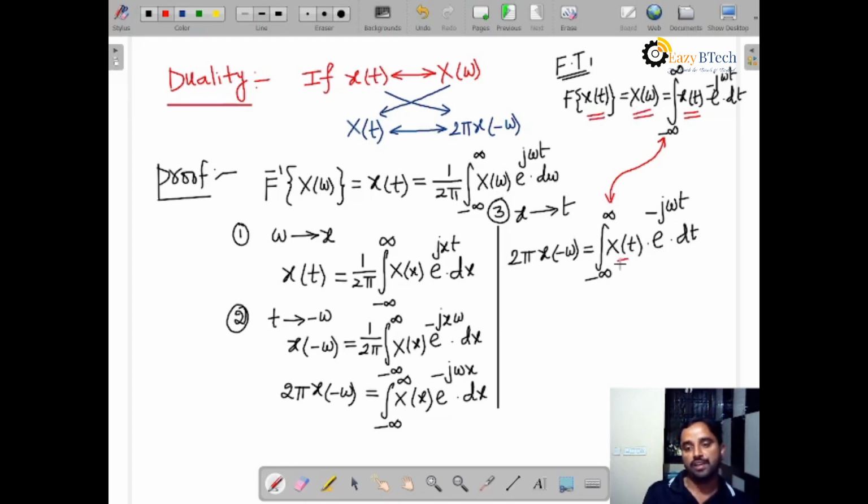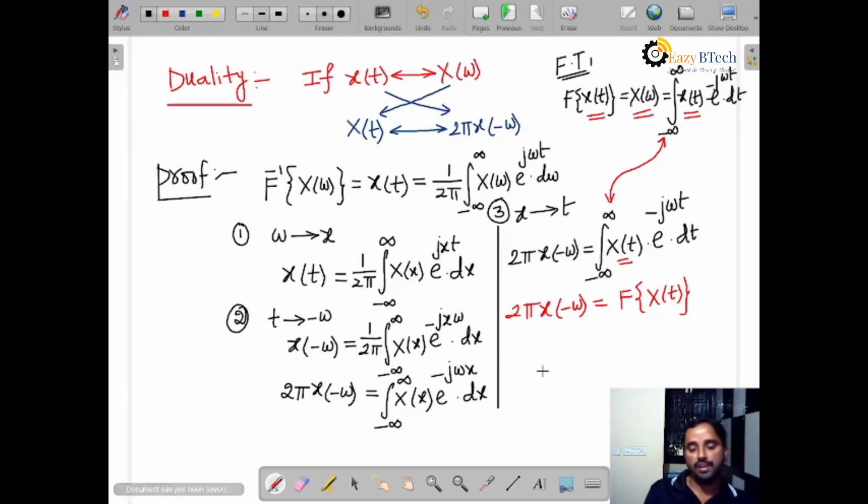So this is the Fourier transform of x of t, that is X of omega. Now this is the Fourier transform of what? It is the Fourier transform of capital X of t. Right or not? That is the answer we got.